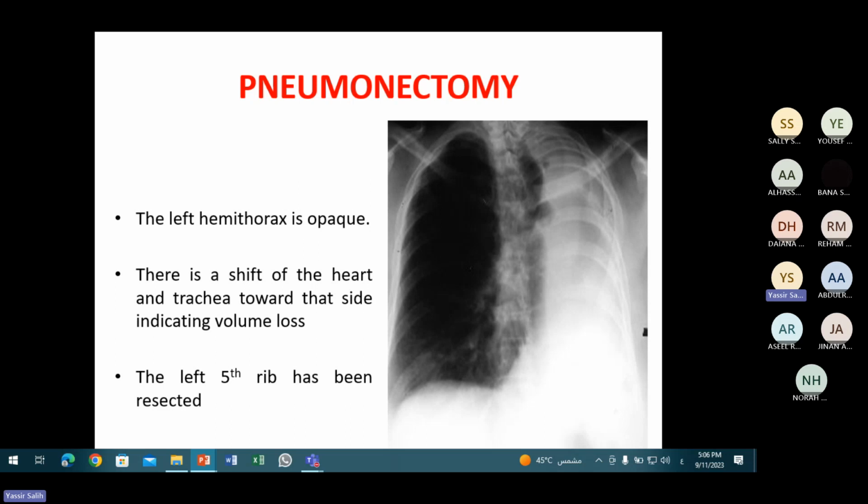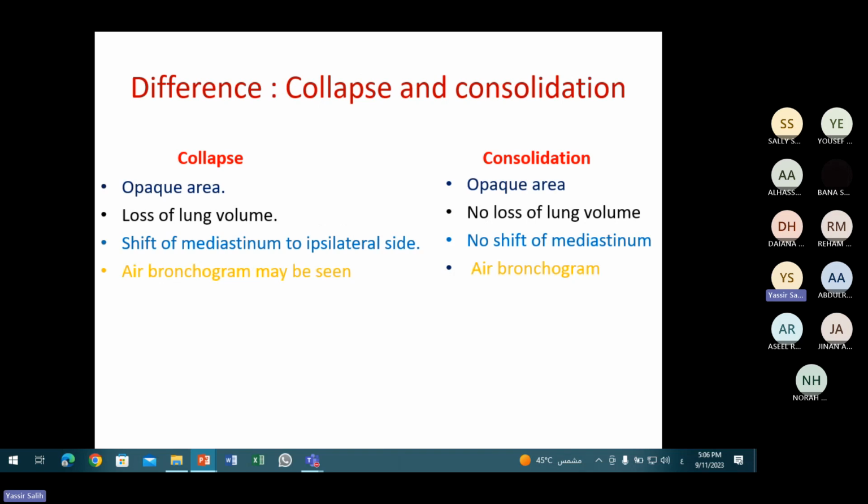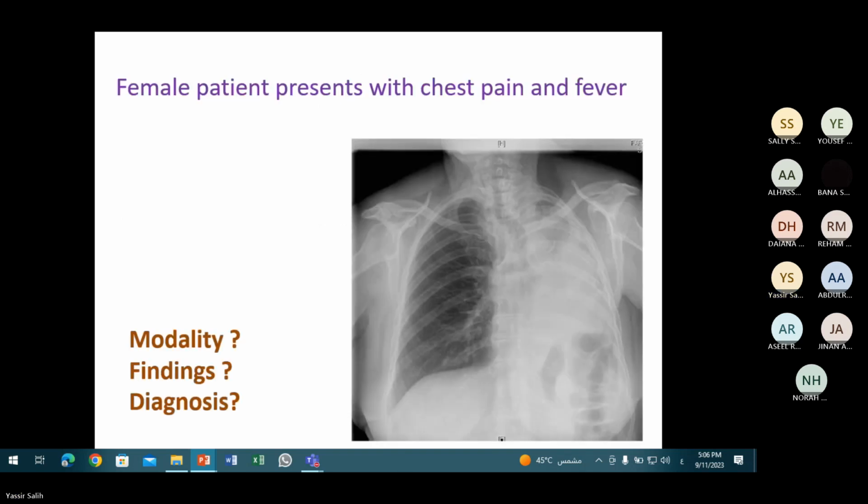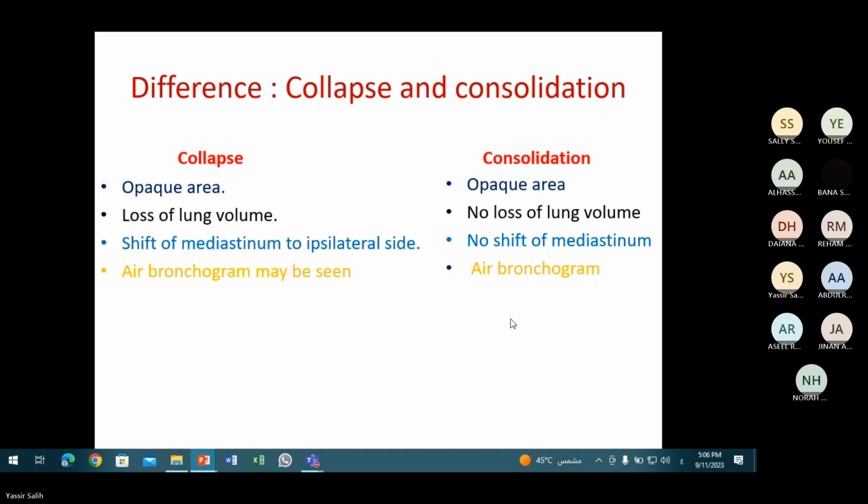So today, inshallah, we are going to continue. I think we stopped here. This is the last slide that had been discussed. The main difference between collapse and consolidation, as you know, both conditions cause increased opacification of hemithorax.